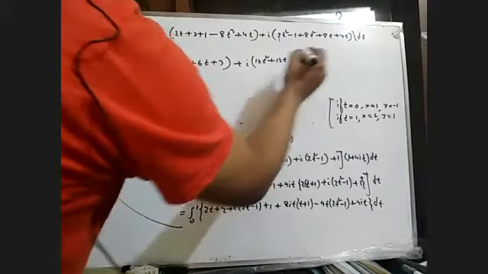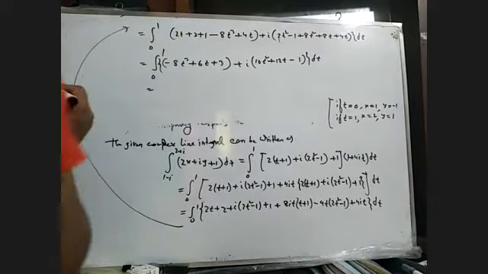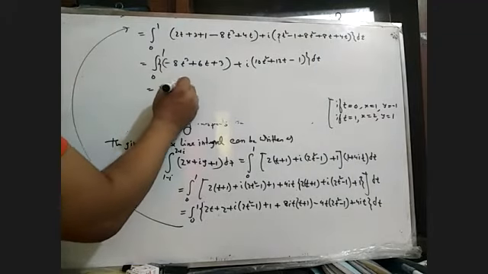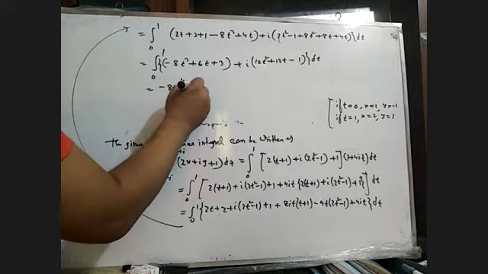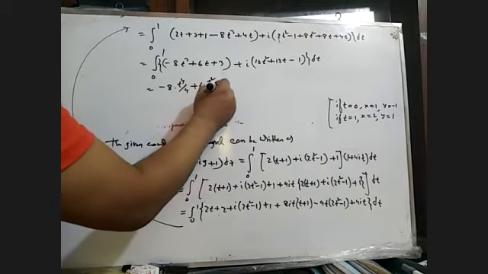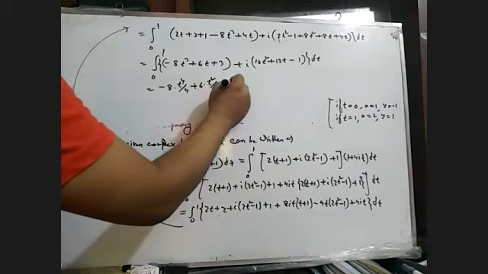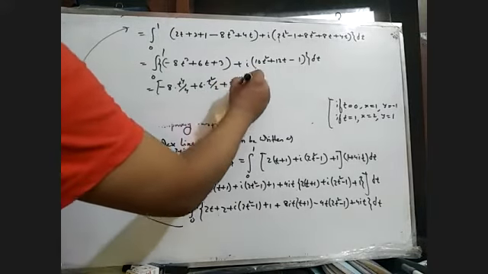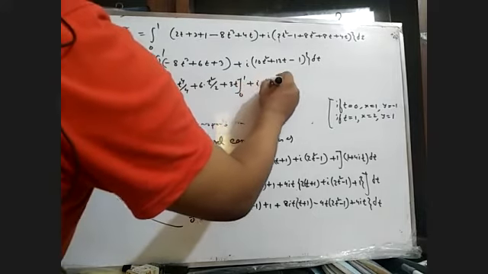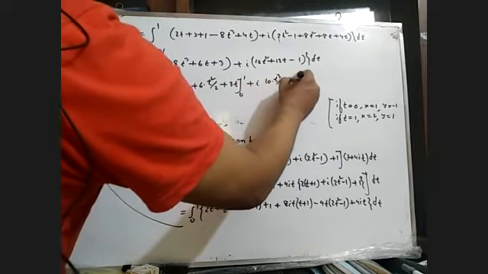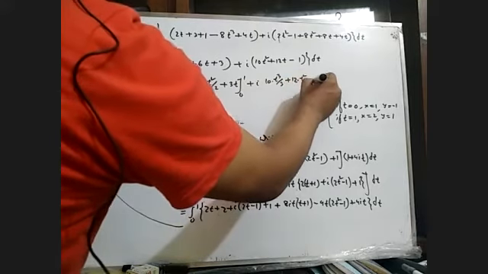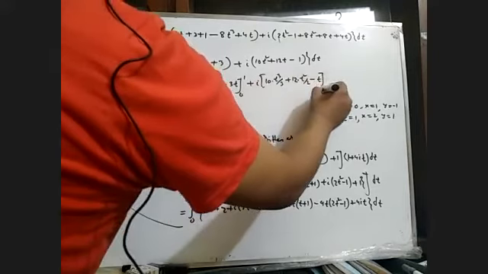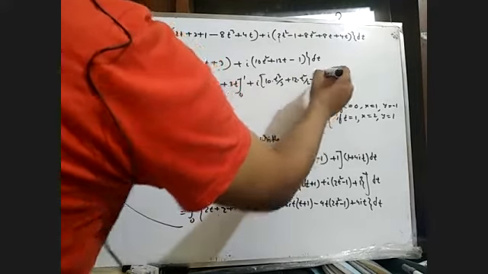With respect to t. So now just integrating, we get minus 8 into t to the 4 by 4 plus 6 into t square by 2 plus 3 times t, 0 to 1, plus i, 10 into t cube by 3 plus 12 into t square by 2 minus t, and putting the limit within the brackets 0 to 1.